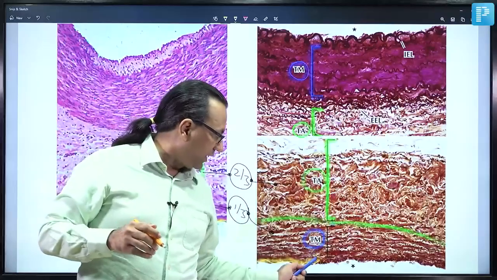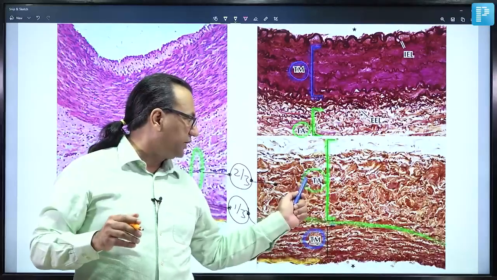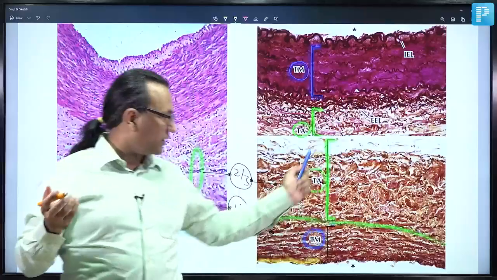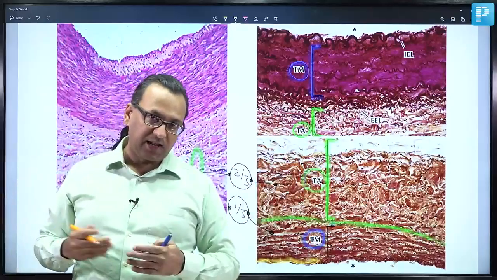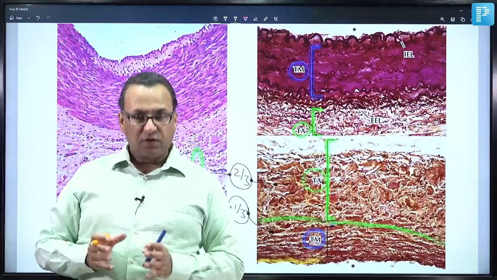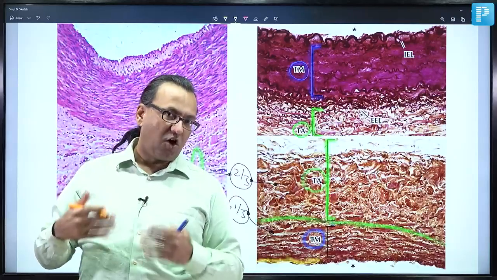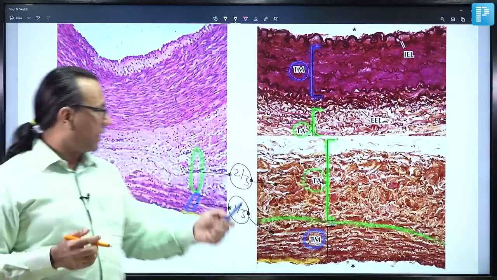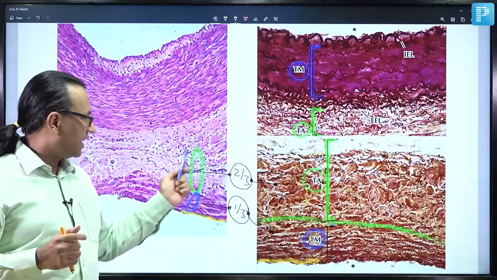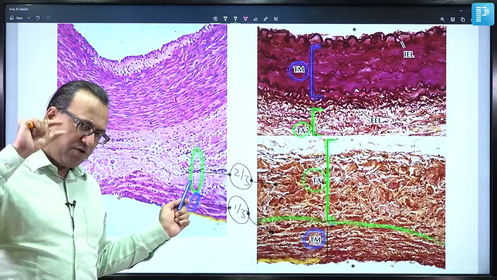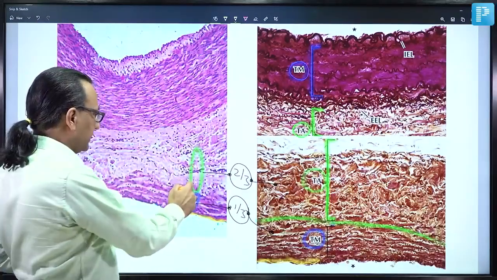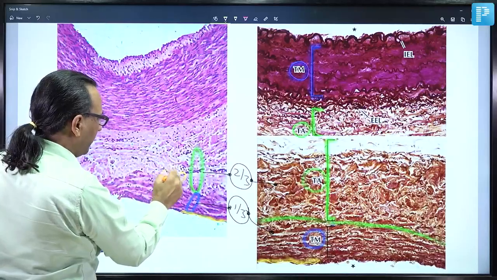And remember one more thing, this tunica adventitia or what is called tunica externa, in case of larger veins like inferior vena cava, there you have vasa vasorum, means blood vessels of the blood vessels. So tunica adventitia can have small blood vessels. Why do you need small blood vessels in the wall of a vein?